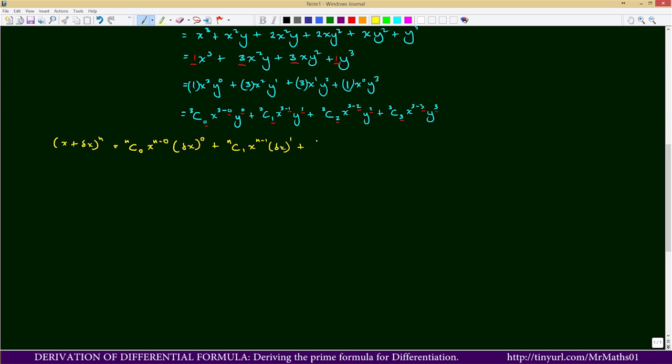And then moving on, nC2 times x to the power of n minus 2 and delta x to the power of 2.